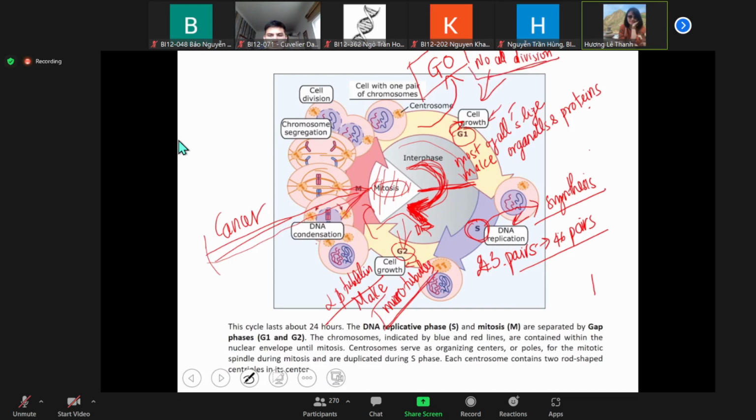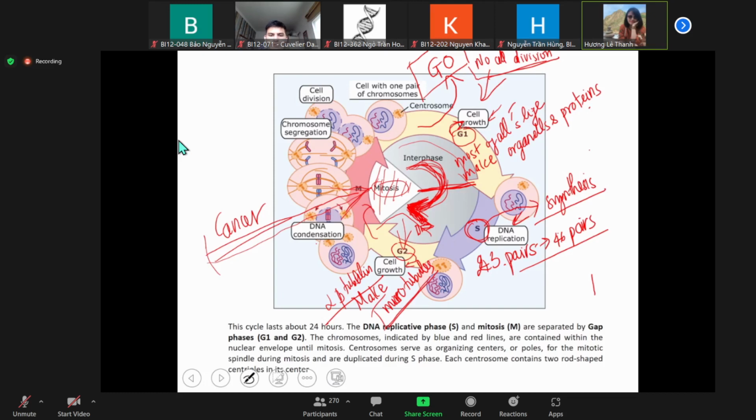For G0, I give you an example of the neuron cells. The neuron cells jump out of the cell cycle and they stay in G0. I remember that I told you before that one cell can divide 40 to 60 times, so their lifetime lasts for several months to years.